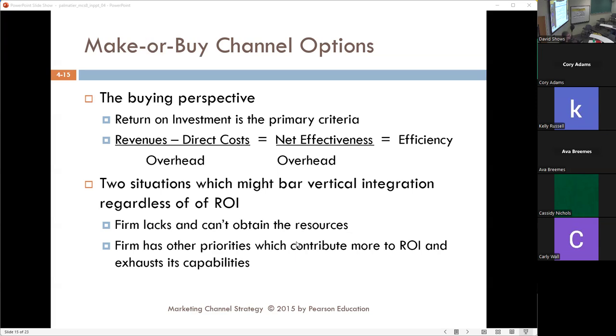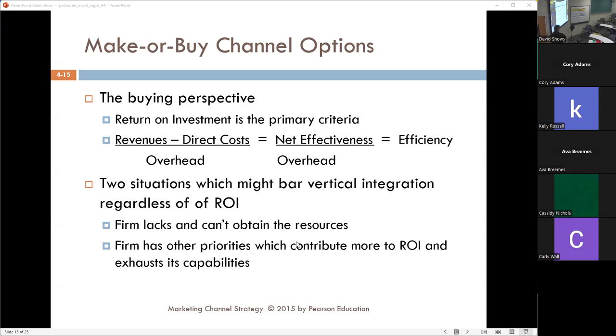So you use this to determine whether vertical integration is economically feasible. Now, there are other reasons, regardless of return on investment, why you may not invest. One is you can't obtain the resources to do it.